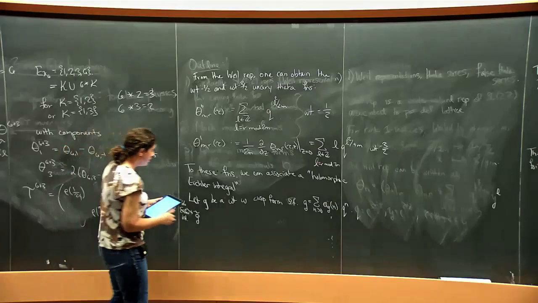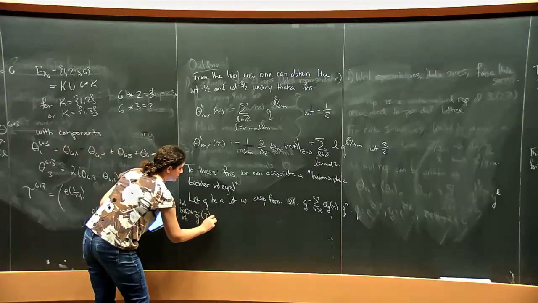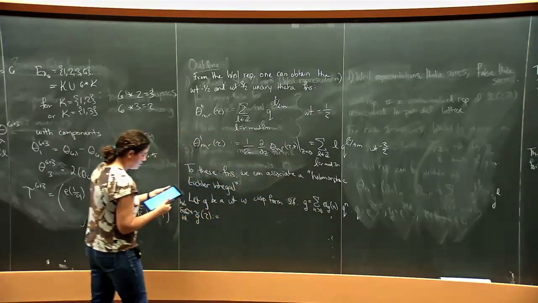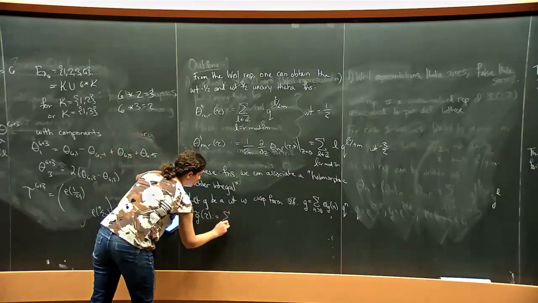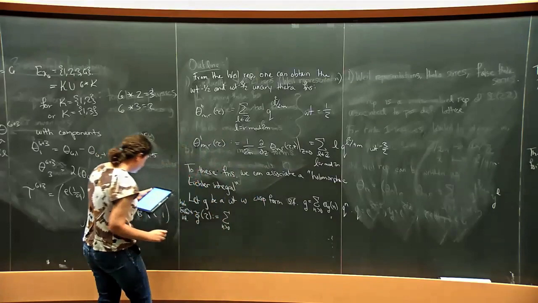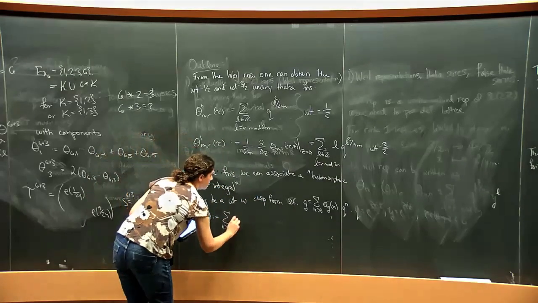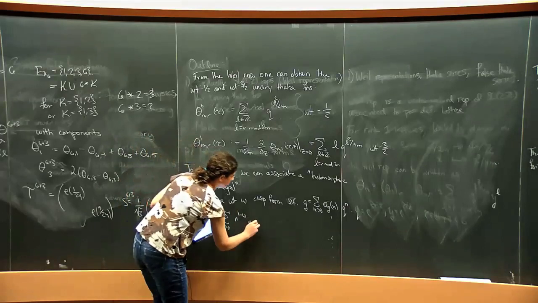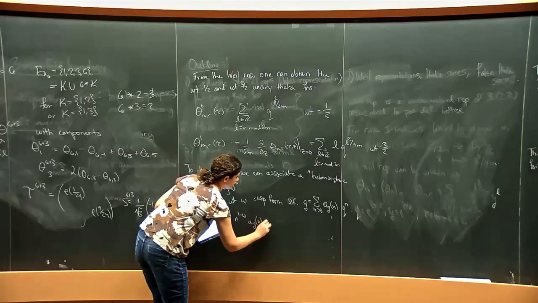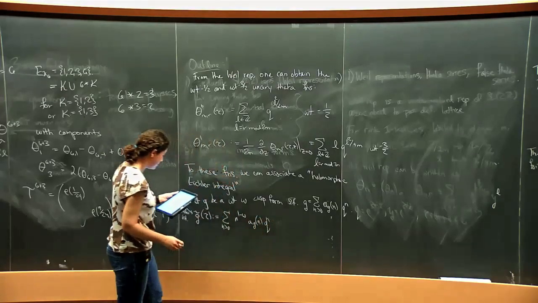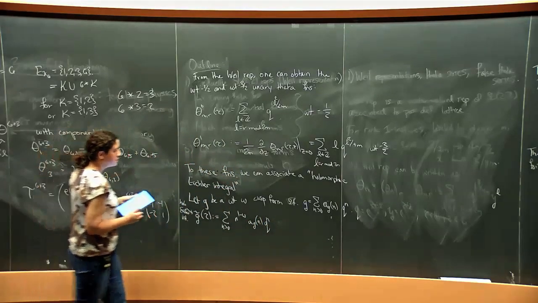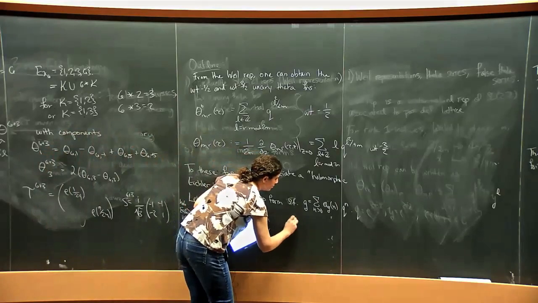And this thing is defined directly in terms of the coefficients in the original expansion of g. So this is a sum for n greater than 0 of n to the 1 minus w times the original coefficient times q to the n. So this thing is not modular.